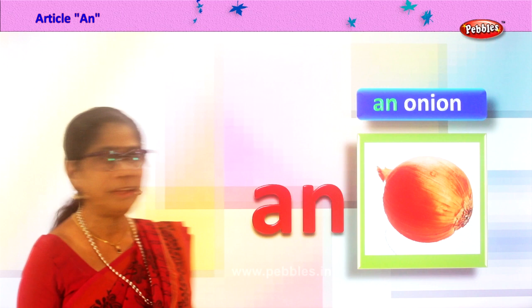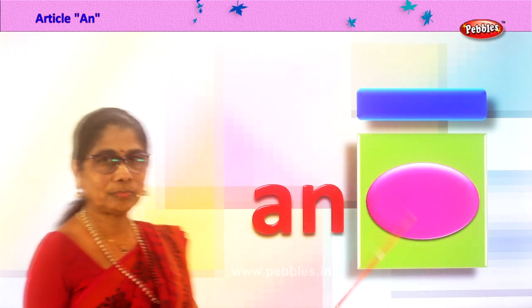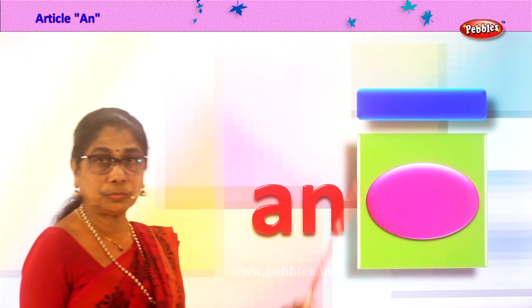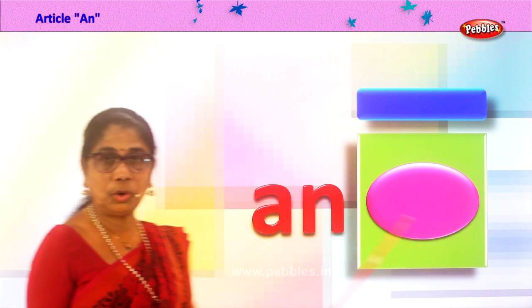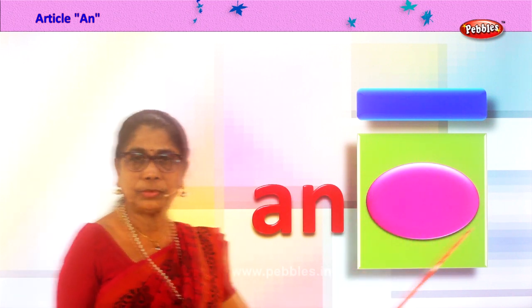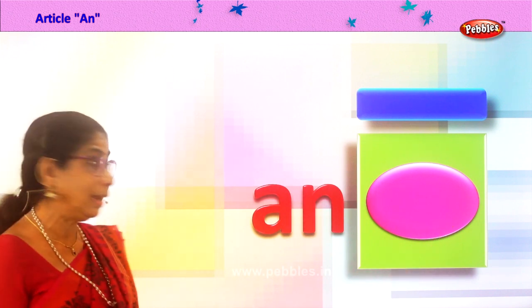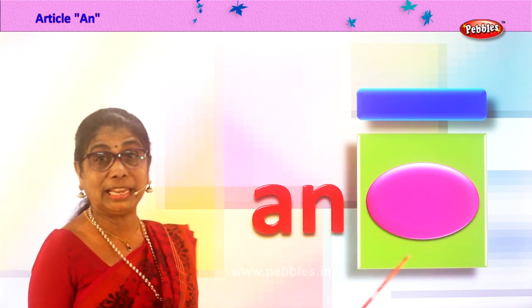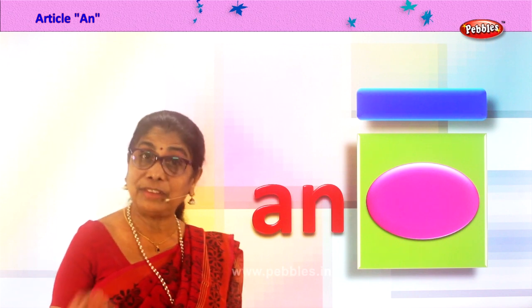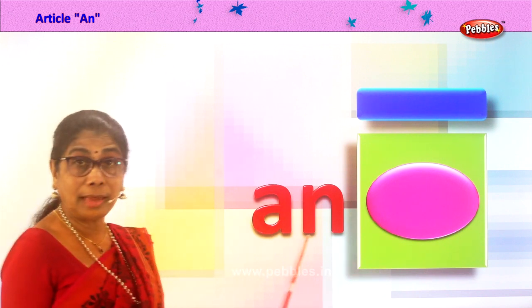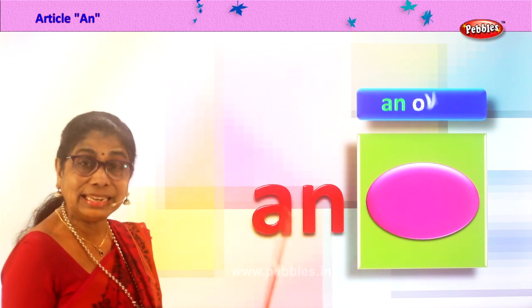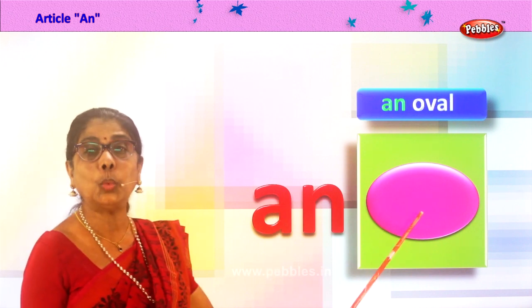Look what we have. What shape is this? Long. It's not round. It is oval. Oval begins with O. It's a vowel, so we put the article an before that and we read it as an oval shape.